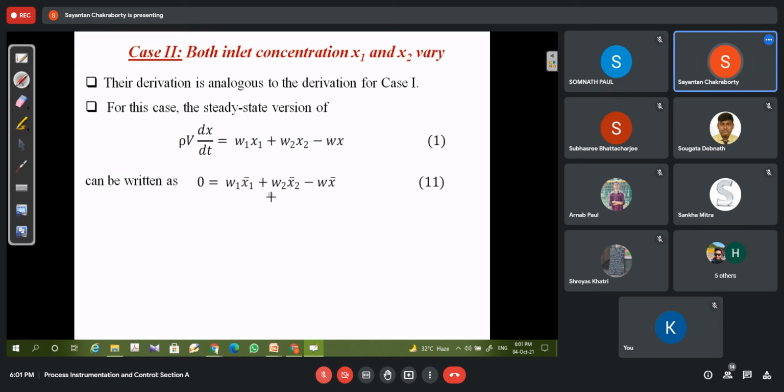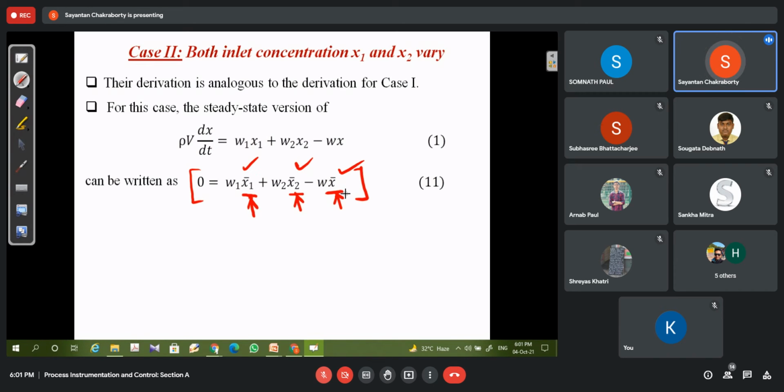Now you can see I have to put x1 bar, x2 bar, and x bar to indicate that both x1 and x2 are varying, and as a consequence, depending upon the variation, x is varying. And this equation 11 indicates a nominal steady state value where x1 bar is a constant, x2 bar is a constant, and x bar is a constant. That's the equilibrium state.